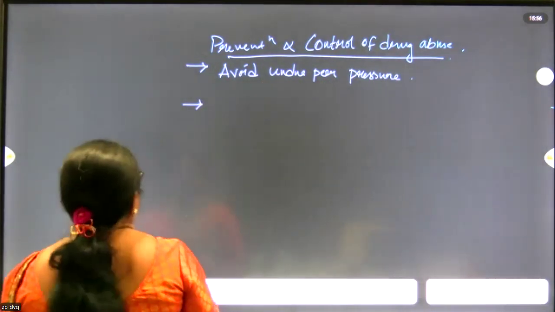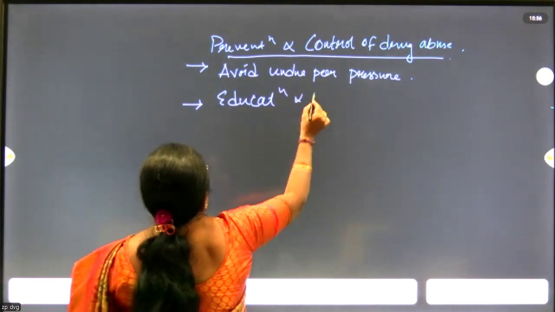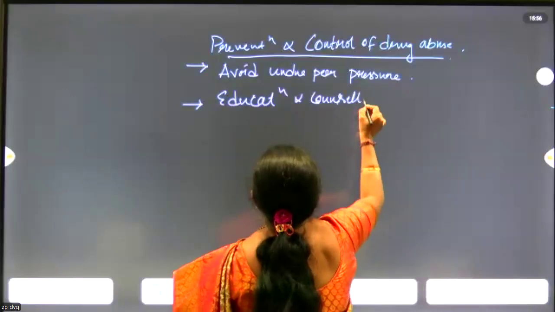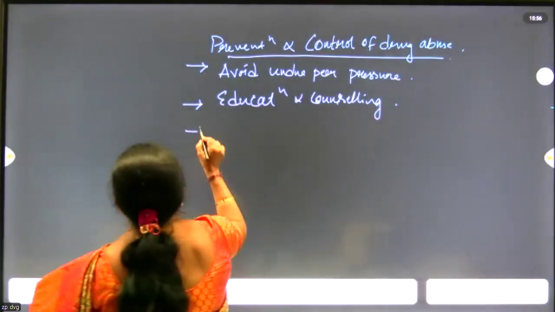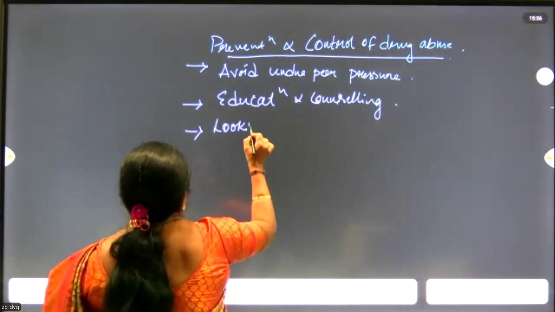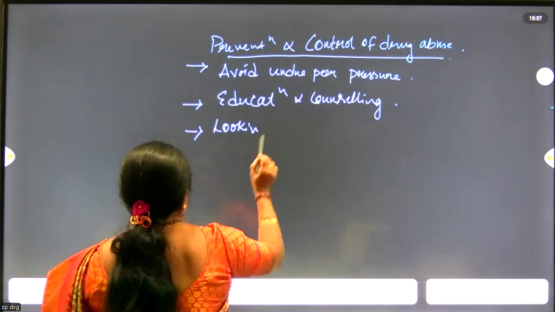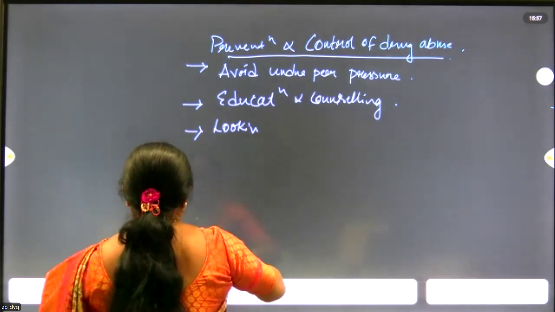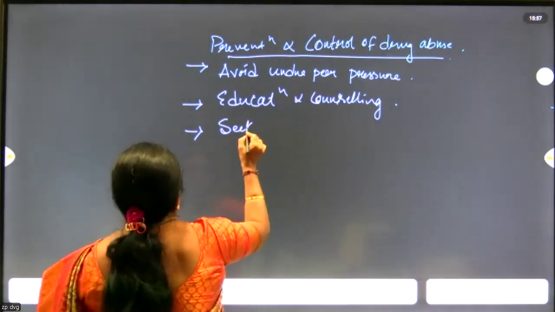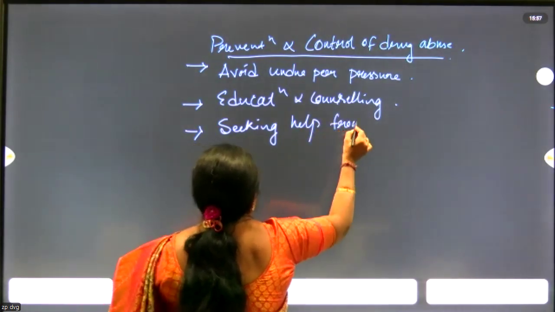The second is education and counseling. The third is seeking help from parents and peers.